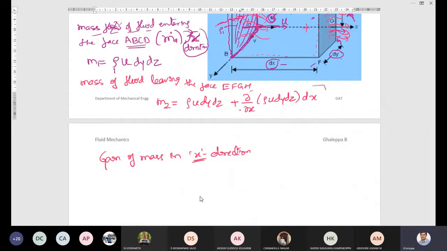This is the total mass going outside. This is the total mass of the fluid which is coming inside. So outlet minus inlet will be the mass of fluid which is stored inside the system.